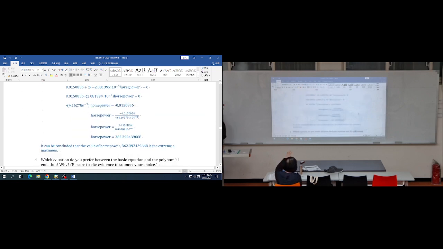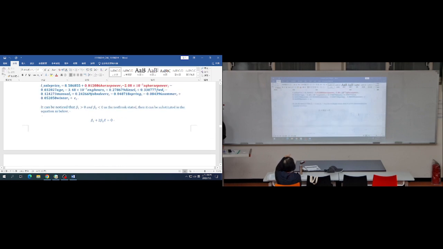Can you explain to me just a little bit, what does the diagram look like when beta 1 is greater than 0 and beta 2 is less than 0? It's like this curve. It's a parabola with its mouth downward.